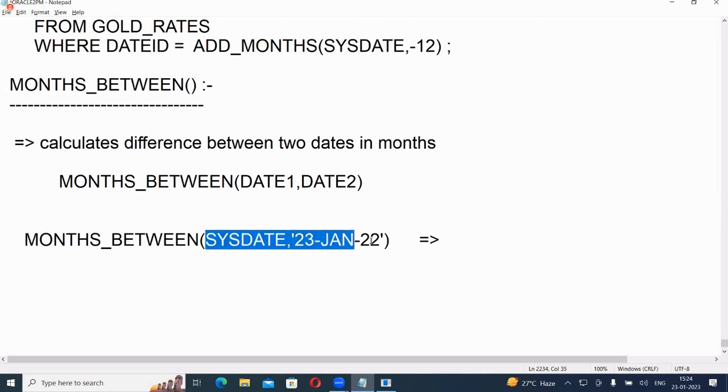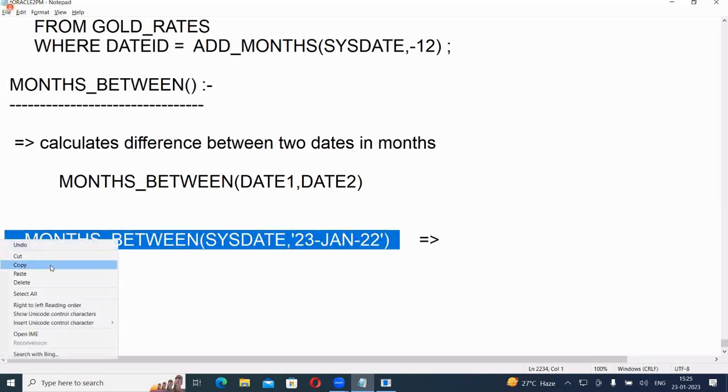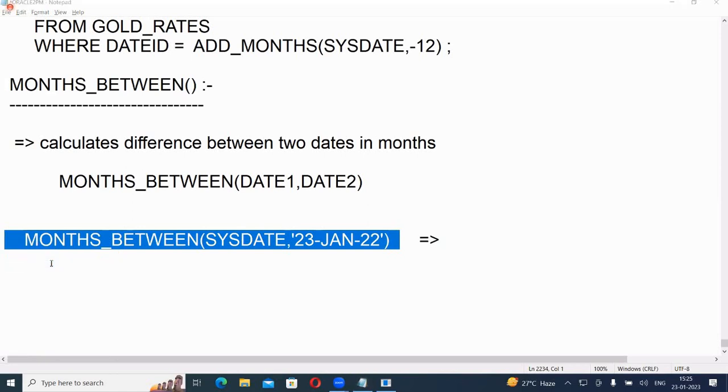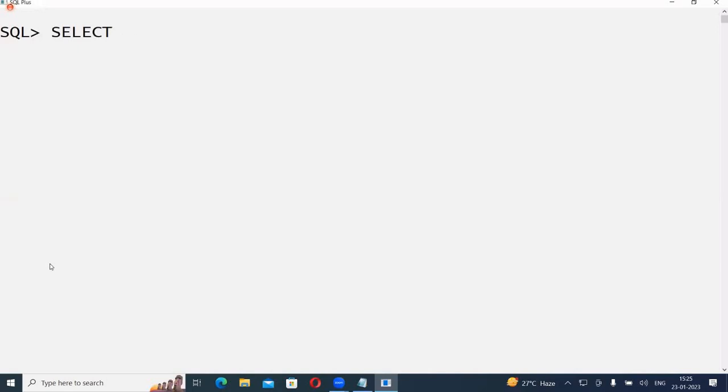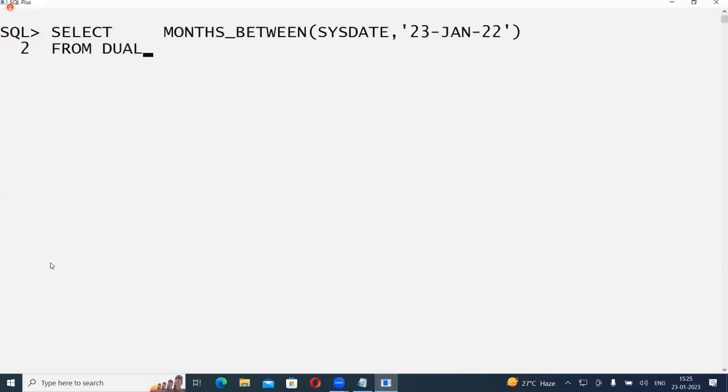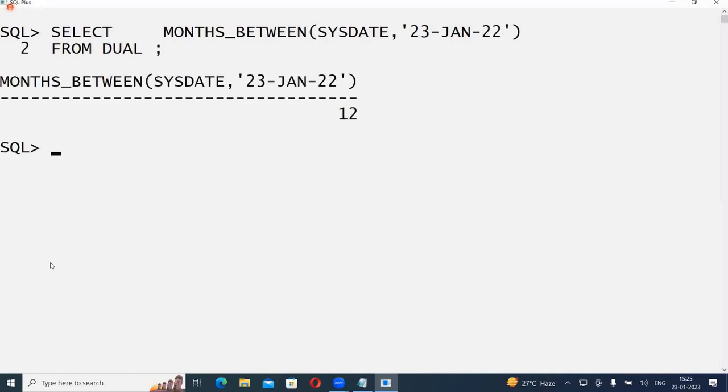Date 2 is 23rd Jan 22. What does this give? How many months difference? System date is 23rd Jan 23, and this is 23rd Jan 22. The difference is calculated in months. So select months between from dual gives 12. 12 months difference.